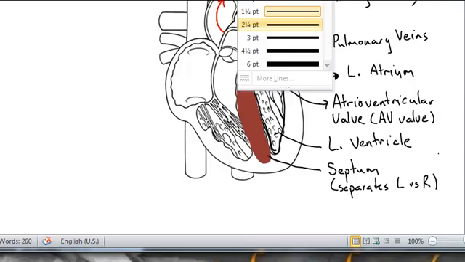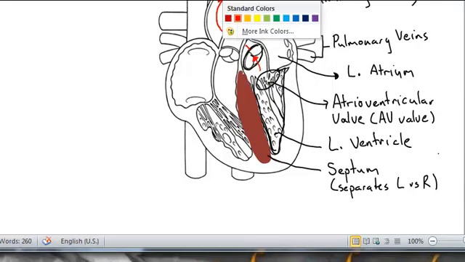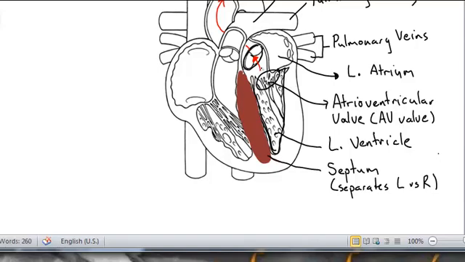And that valve, sometimes it's called the aorta valve, but more often it's called a semilunar valve. Okay, so it's where you see the little three things right here. That's your semilunar valve.